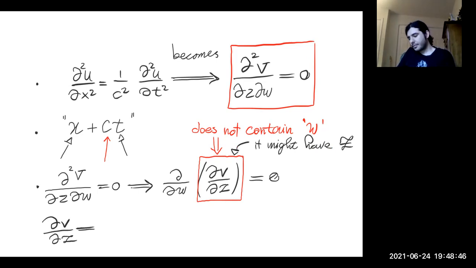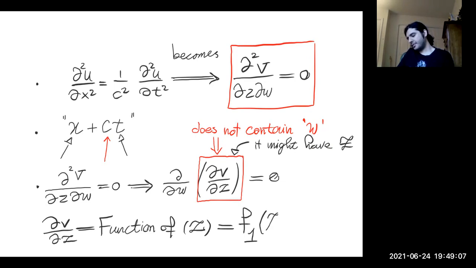Okay? So it's a function of z. Let's use a notation for that. Let's use, I don't know, f1. It's f1 of z.